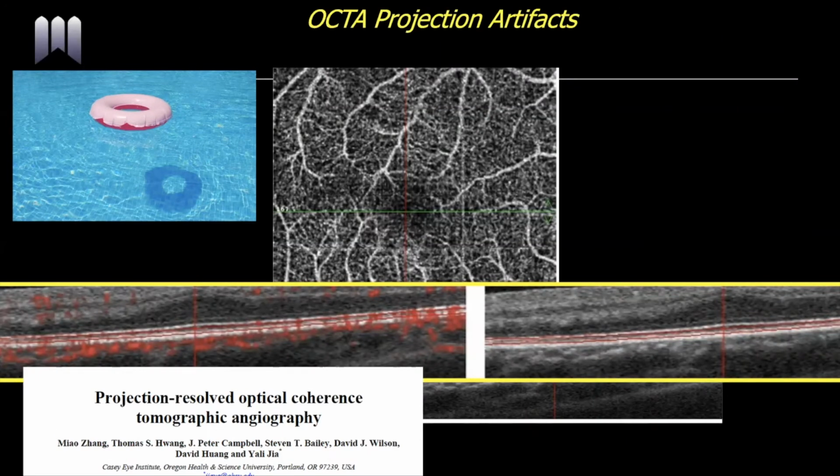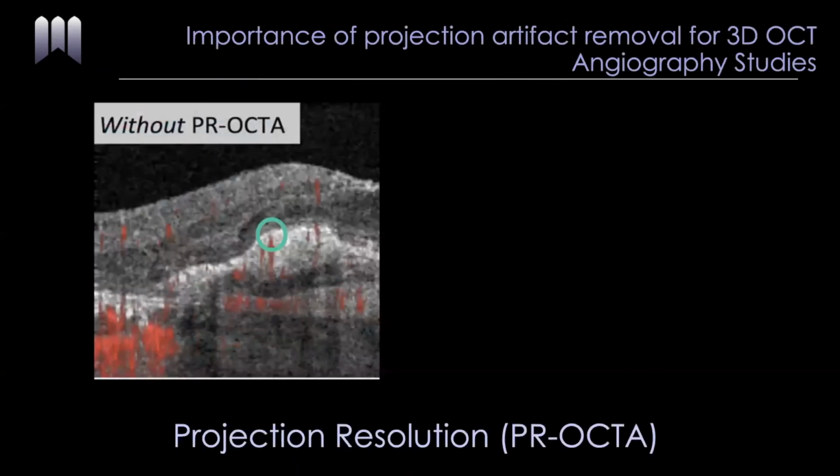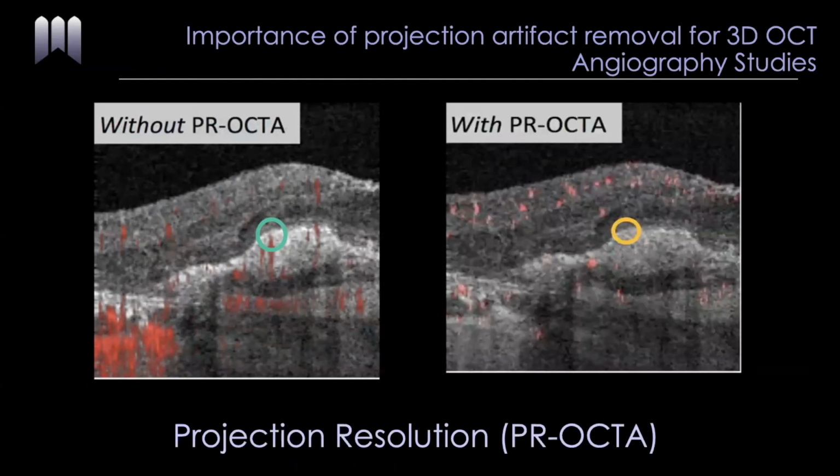And that can be very undesirable when you're trying to analyze a CNV that grows underneath the RPE. So once we applied that software, we were able to see that it removed these projection artifacts. Here's an example of a projection artifact at the level of the RPE, and with projection removal, we then were able to get rid of these undesirable artifacts.